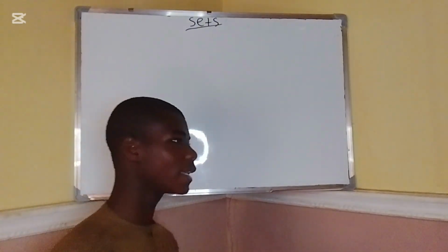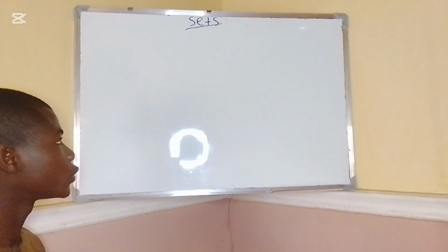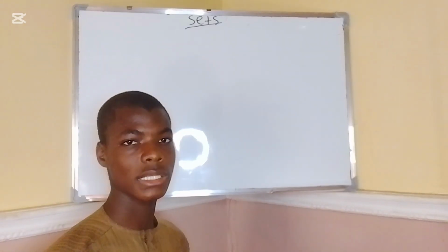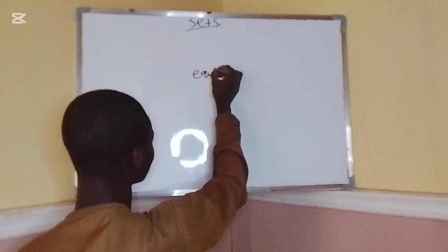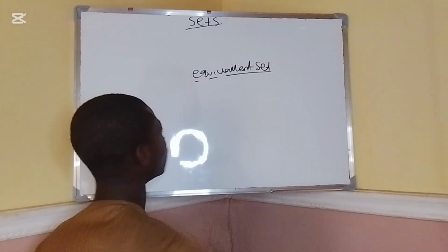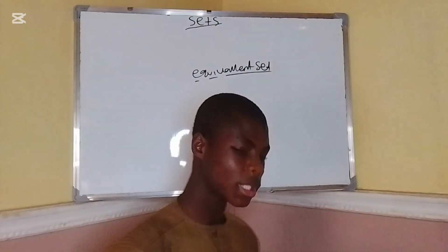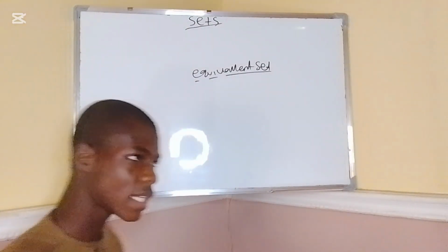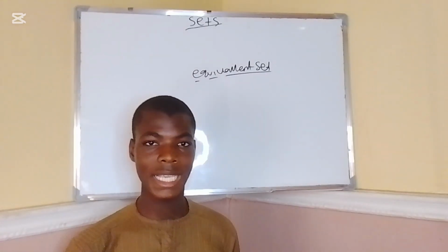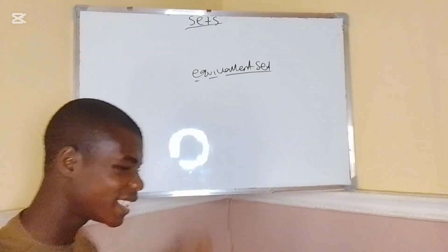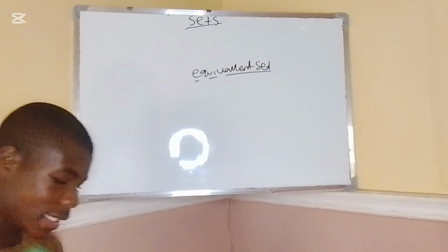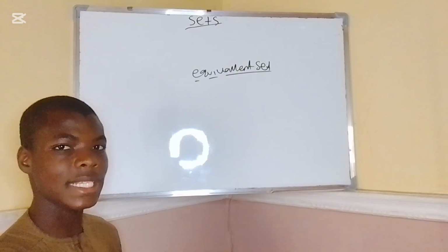So there are two types of sets that I want you to know: the equal set and the equivalent set. So what is an equivalent set? Equivalent set is a set where both set A and B have the same number of elements. But an equal set is a set where both set A and B have the exact same elements, the number is the same, and the elements inside are also the same.